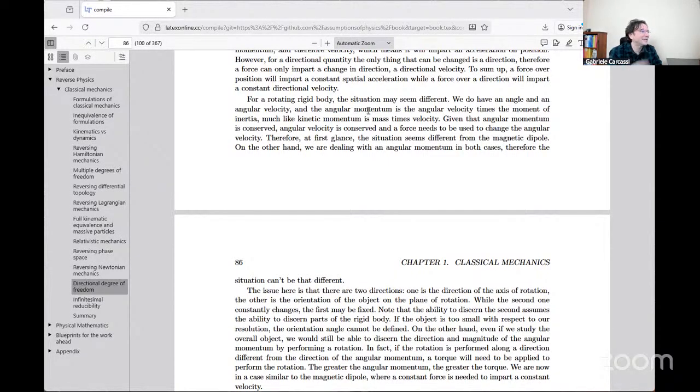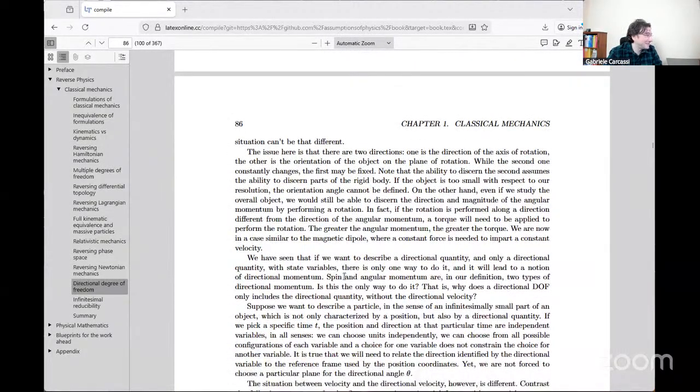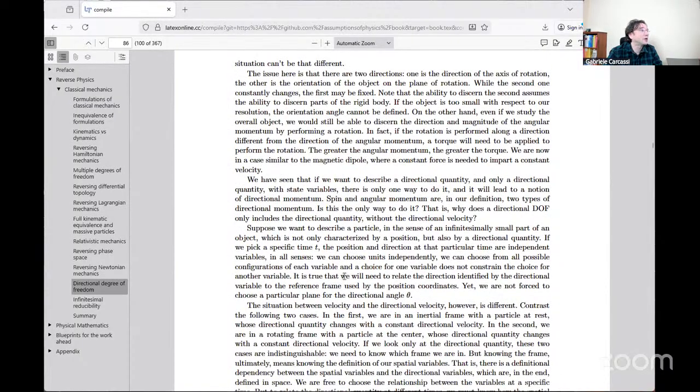And the argument is that yes, it works exactly in the same way, because angular momentum is going to be conserved. So if I want to put a force and I want to change it, I have to put a torque, and now the constant force is going to give me a constant torque, which is going to be a precession of the angular momentum. So if I do not know how to measure that angle, because I can't look at the substructure and I can't see that there are two particles that are rotating around each other, I just see the thing as a whole system, then I can't measure the angles.